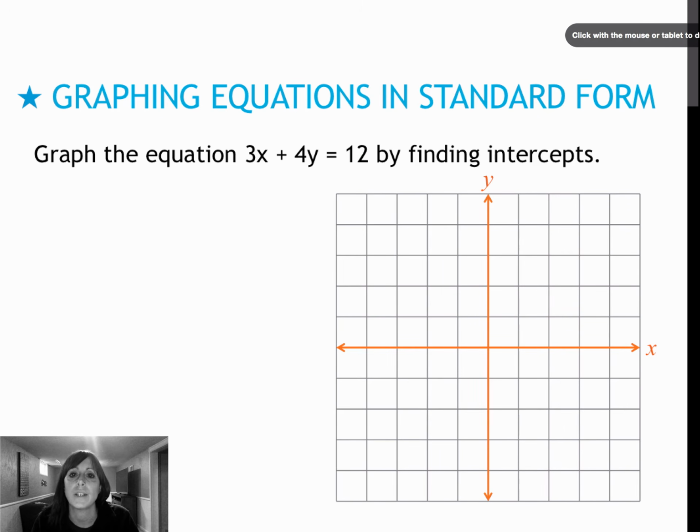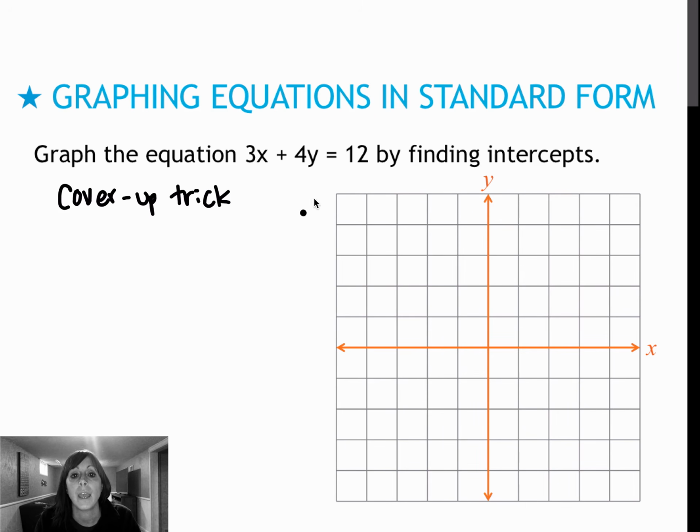The last thing I wanted to talk to you about with standard form is that showing the work by plugging in the zeros works great, but there's also a shortcut. I call it the cover-up trick, or you might hear me call it the finger trick. Essentially, and again it only works when it's in standard form, I'm going to use my finger to cover up the 3x.